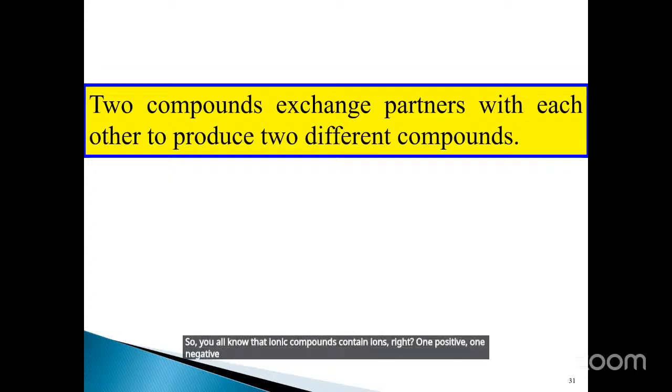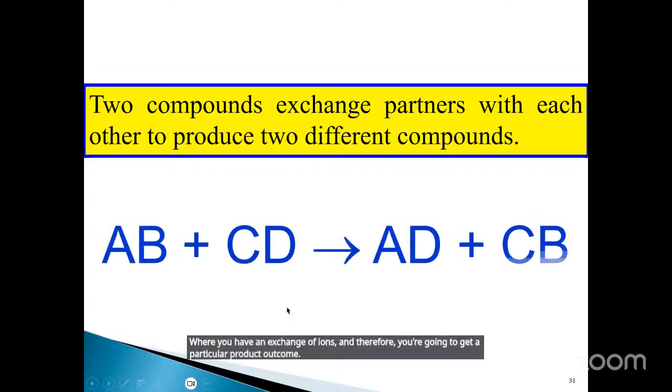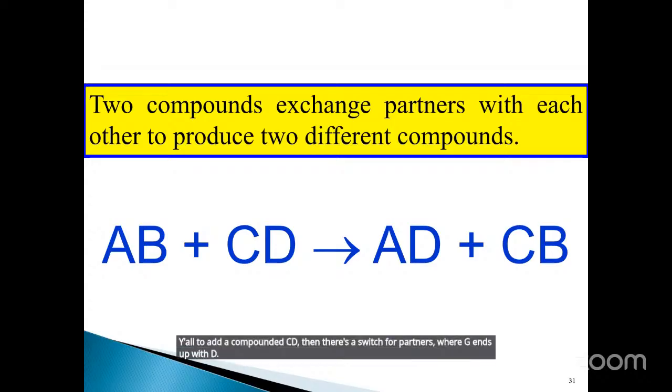If you have two of these compounds, there exists a possibility in some cases of an exchange of ions, and therefore a particular product outcome. Let's say one ionic compound is AB and the other is CD, then there's a switch of partners where A ends up with D and C ends up with B.